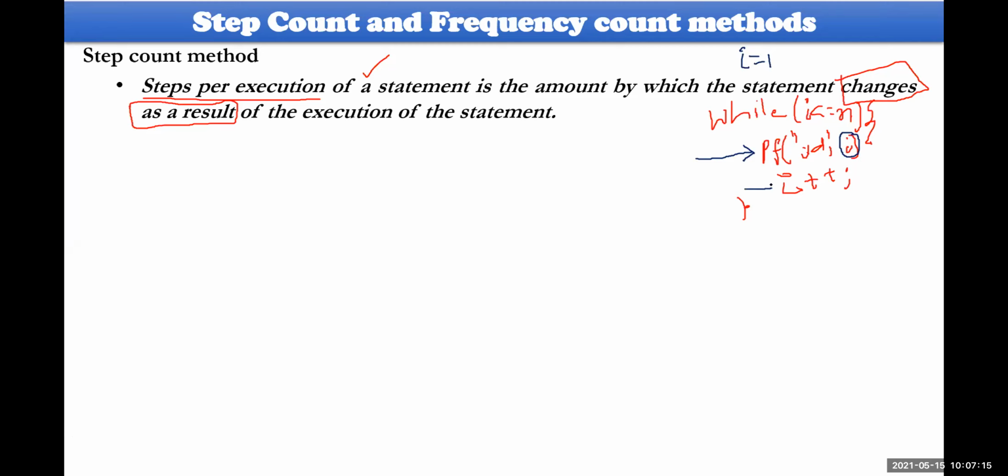The result changes as far as i is concerned. i plus plus means i changes from 1 to 2, and then it is printed, so 2 is printed in the next iteration, and i is incremented one more time. The result changes from 2 to 3 and is printed again, then from 3 to 4, and so on until it reaches n.